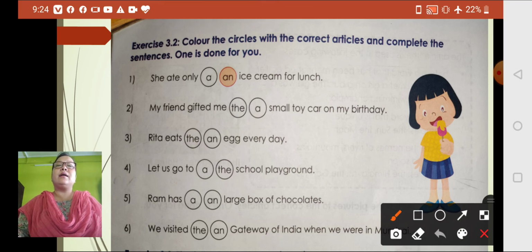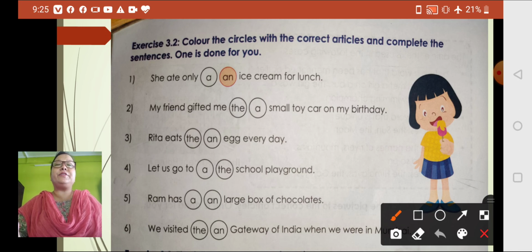So next, exercise 3.2. Color the circles with the correct articles and complete the sentences. One is done for you. She ate only an ice cream for lunch. The correct answer is an. Number 2.